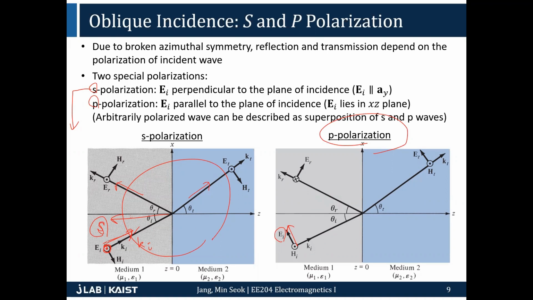These two components are basically independent, so anything in between can be written as a linear combination of these two. We want to solve this case and that case separately.